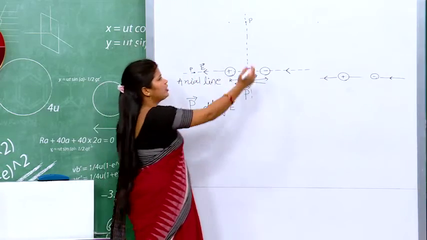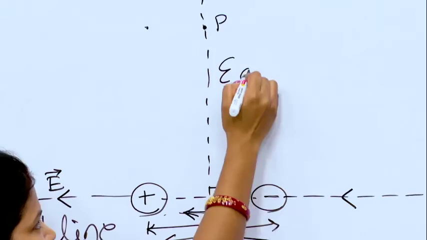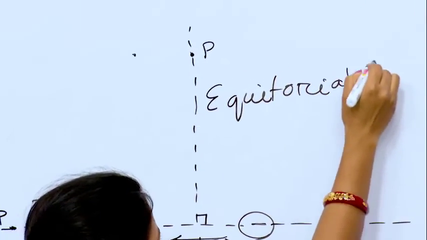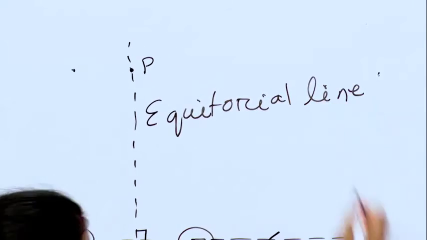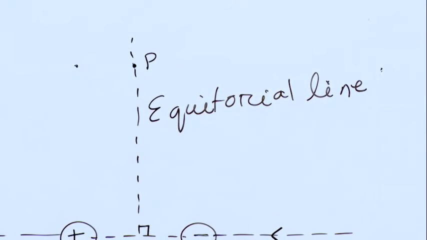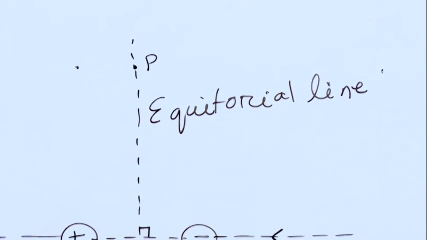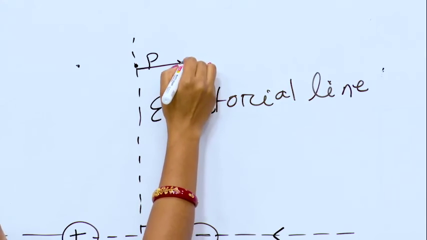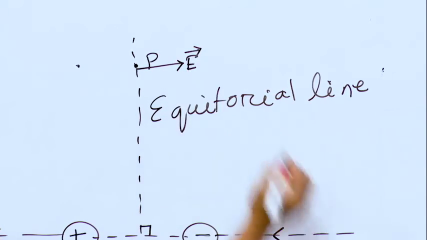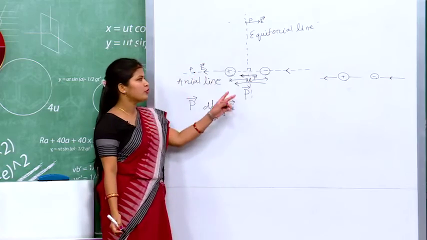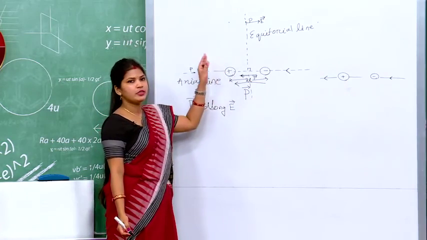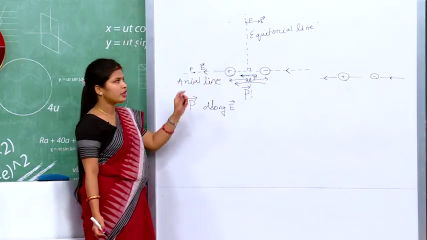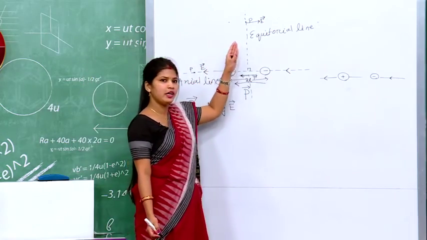It is also called the perpendicular bisector or equatorial line. See here, the direction of the electric field will be like this, and we can visualize more from the electric field lines.